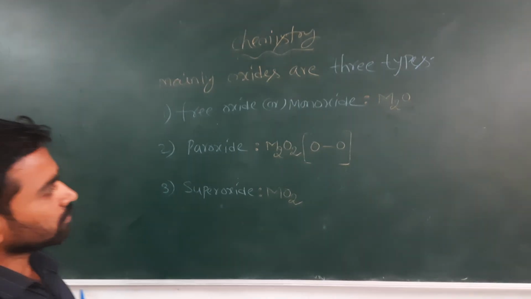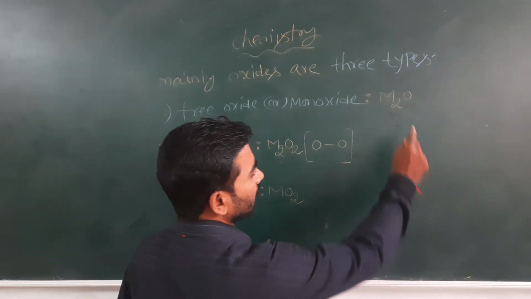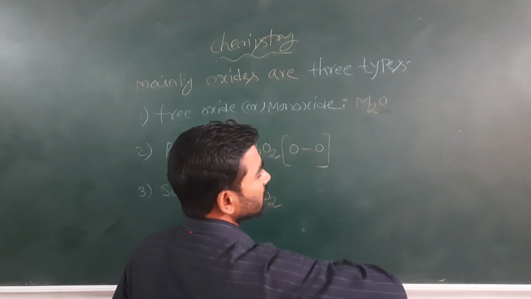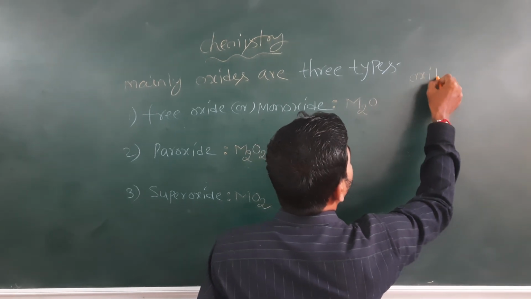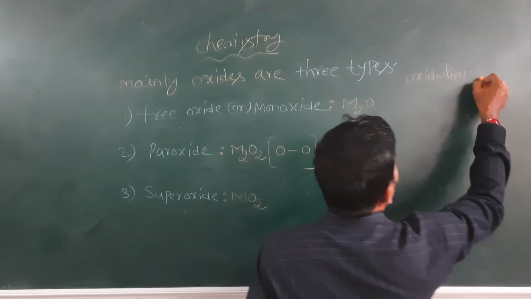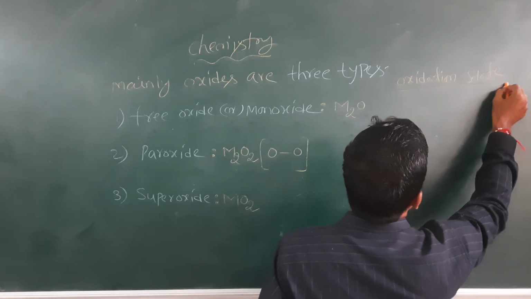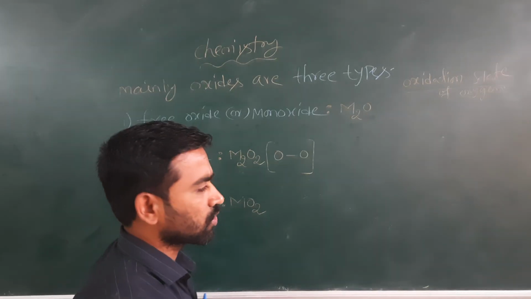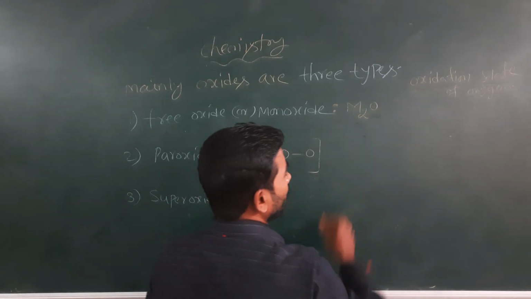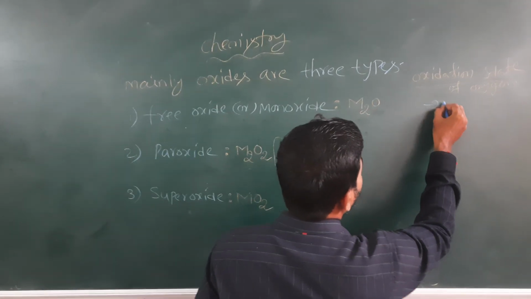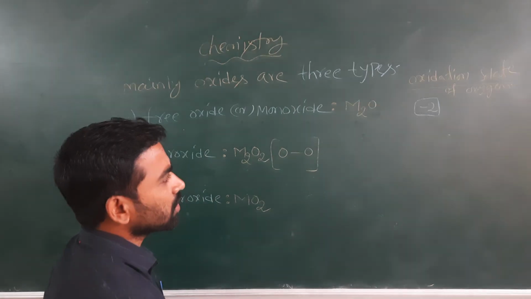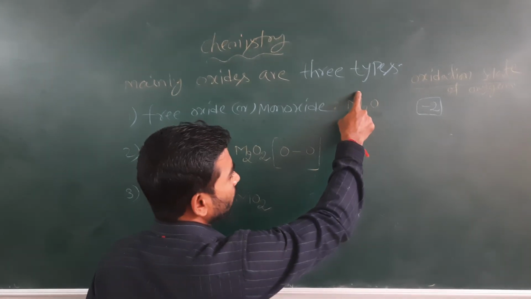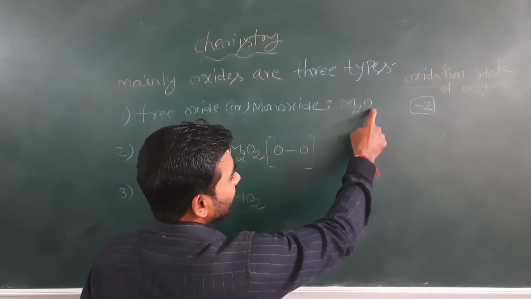The main point is that in free oxides or monoxides, the oxidation state of oxygen is -2. How do we say it is minus? Generally, M2 means a monovalent ion, group +1, so 2 into 1 plus X is equal to 0.